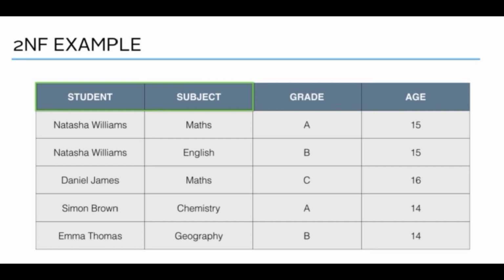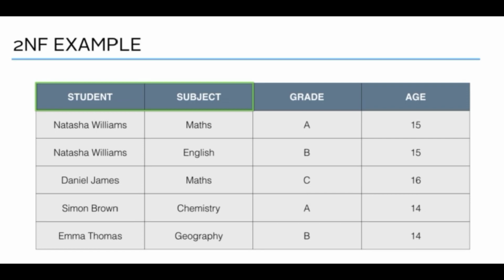We know this because it doesn't make sense to just say Natasha Williams A. We need Natasha Williams plus the subject of maths to be able to say that her grade was A. It also doesn't make sense to just say subject maths grade A or subject maths grade C. We also need the student name to be able to say what grade they got. So yes, the grade is dependent on the whole of the primary key. It depends on the student and the subject.